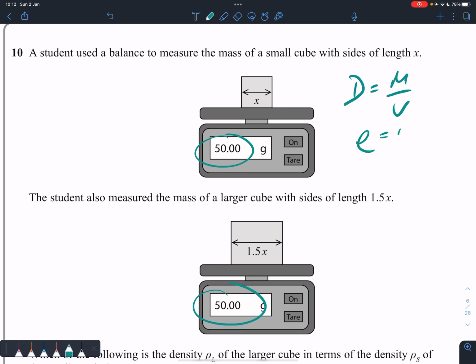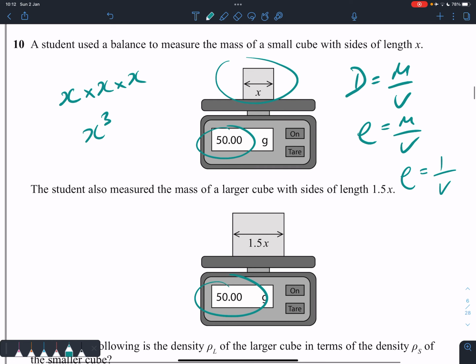Technically we use this. And then you've got to say, if the mass is not changing, then the density is basically equal to 1 over the volume. So how is the volume changing? Well, it's a cube, so x times x times x, or x cubed, is the volume.